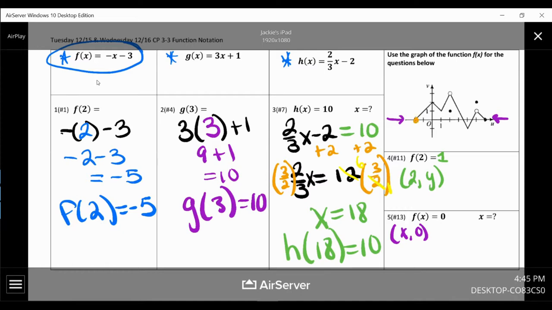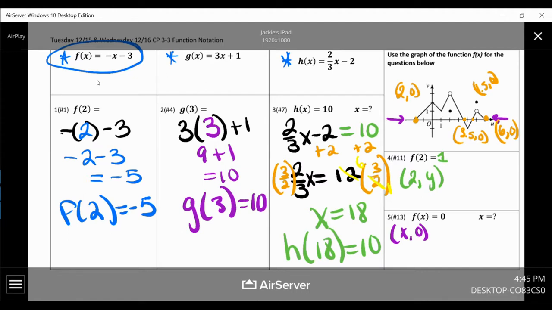This first point here is the point 2, 0. See, that y value is 0. The next point we have is this point 3.5, 0. Next we have 4.5, 0. And we have 6, 0. So any one of those could be the x values.